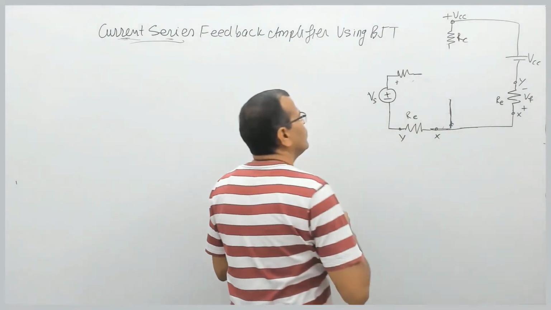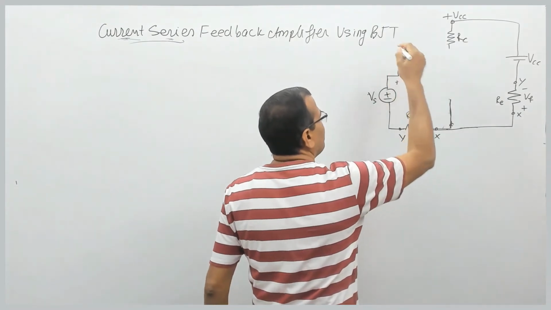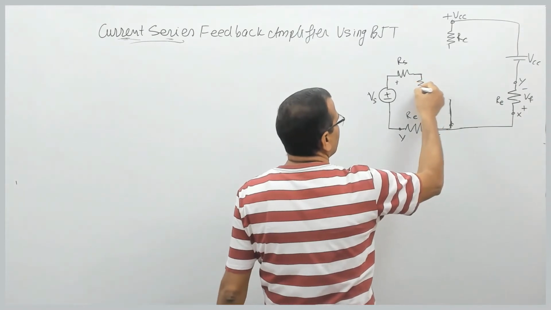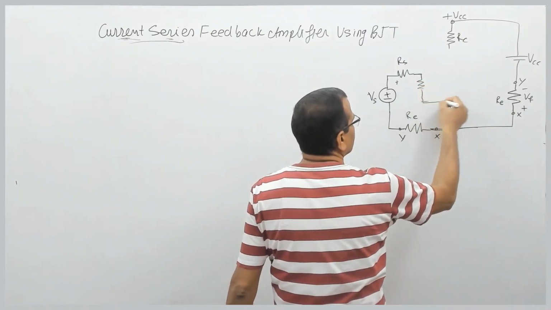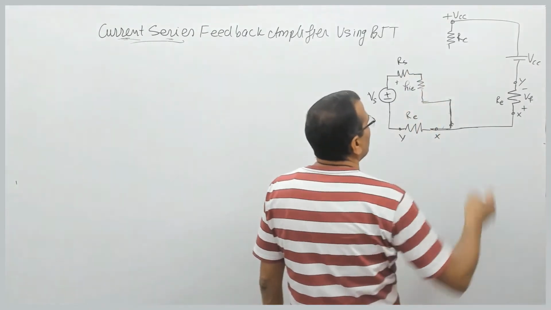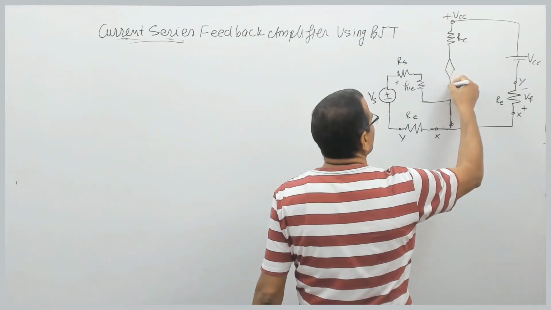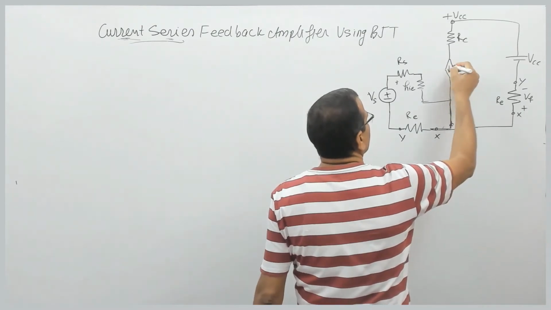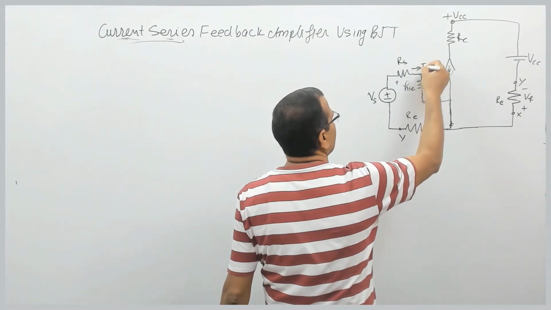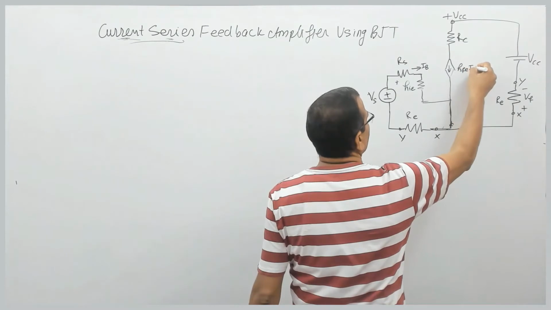When you replace the BJT by its approximate H parameter model, on the input side we have a resistance HIE. On the output side we have a current source, with base current IB, so this is HFE into IB.